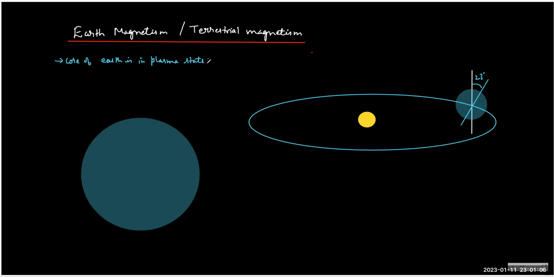So what is plasma? The fourth state of matter. In plasma, atoms do not exist, because what exists is only nuclei and charge. And they kind of revolve.